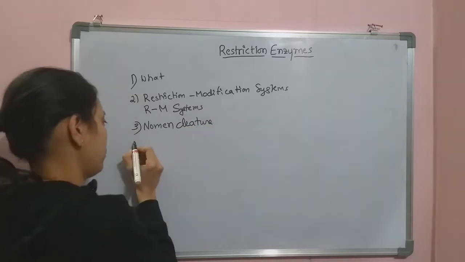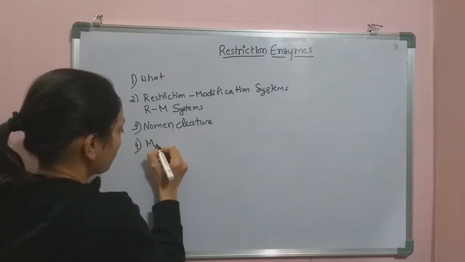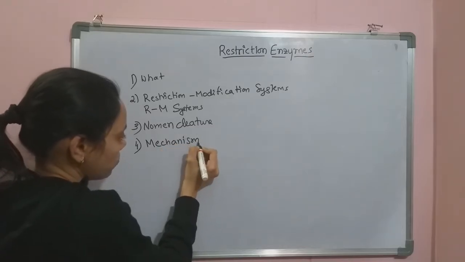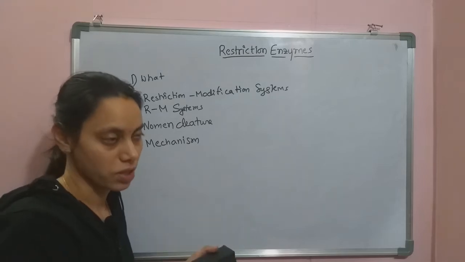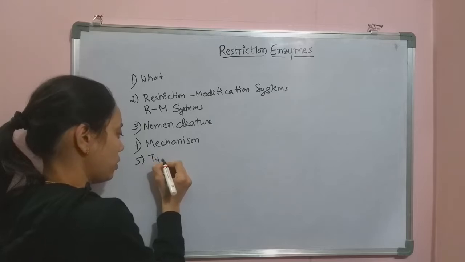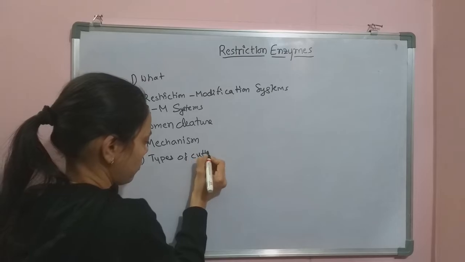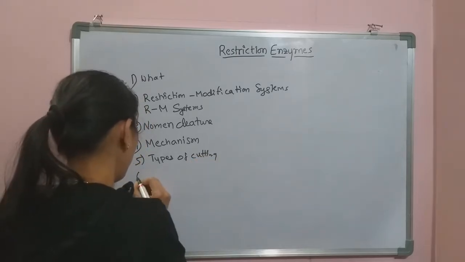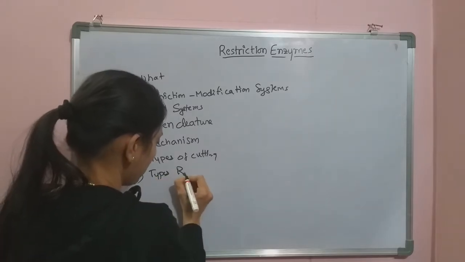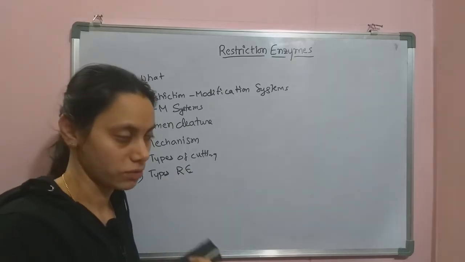How do we name them? The fourth one is mechanism, that means how restriction enzymes cut the DNA. And the fifth one is types of cutting, followed by types of restriction enzymes. So these are the points we are going to discuss in this video.